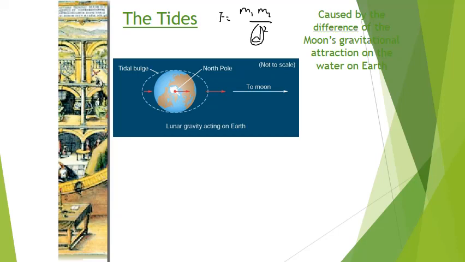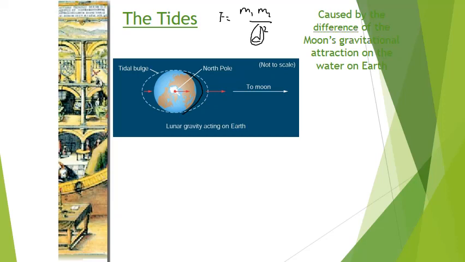We know that as you get farther away, the gravitational force is smaller. And because liquid is more fluid, it can move more than solid land can. What happens is the moon creates a bulge of water on this side of the Earth. And of course, it also creates a bulge over here.